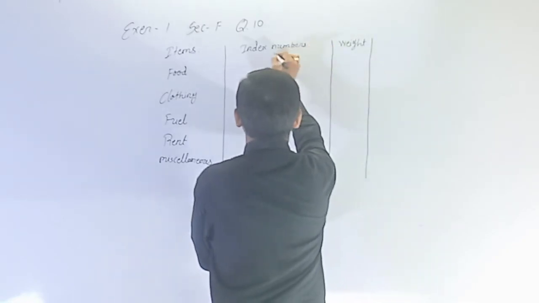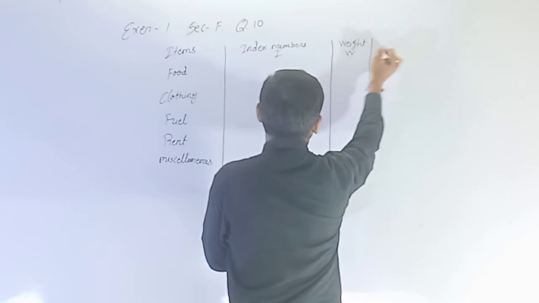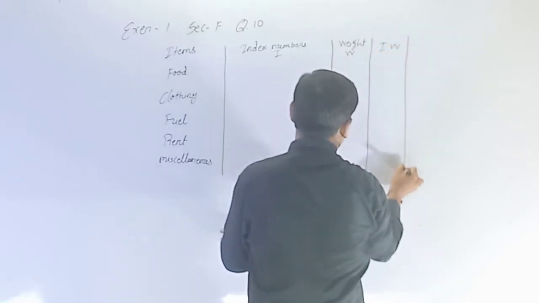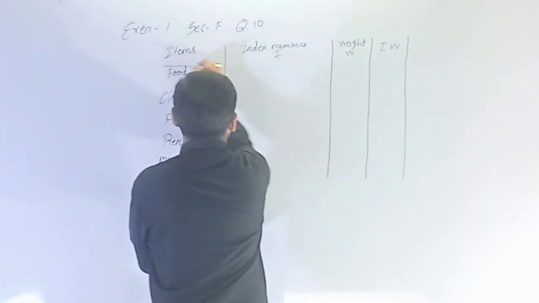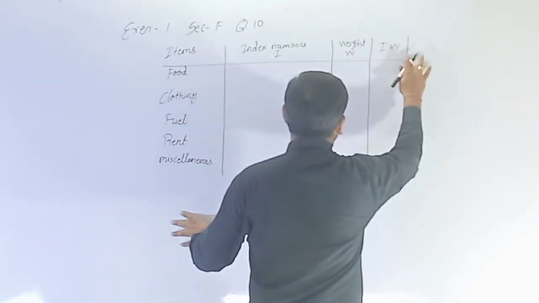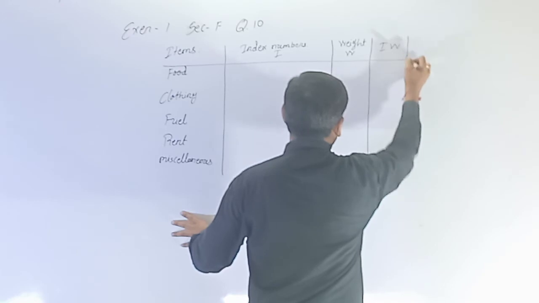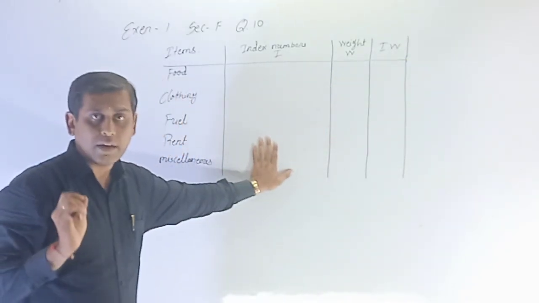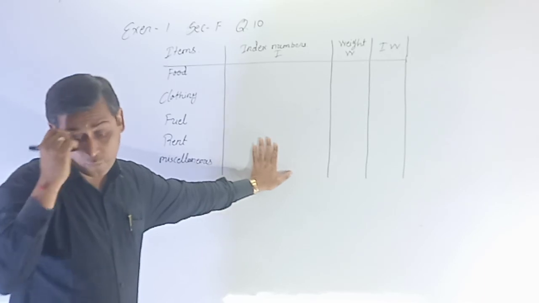So here is I, here W, then we want IW. The new thing is only finding the index number by different methods.